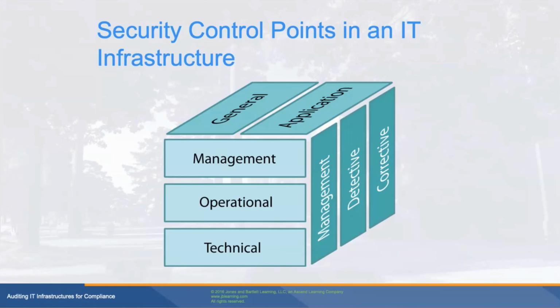So here are all of the different types of controls. If you remember, we have different types of controls. Management controls are the policies and procedures. Operational controls have to do with the everyday running of the company. Technical controls have to do with IT systems. When you think of technical controls, think of firewalls.